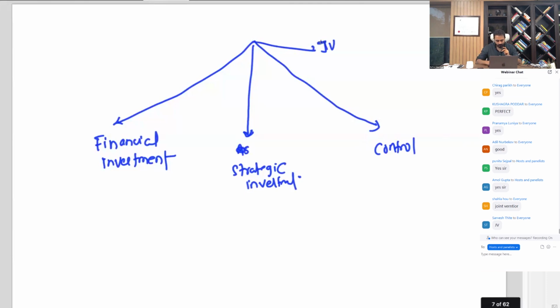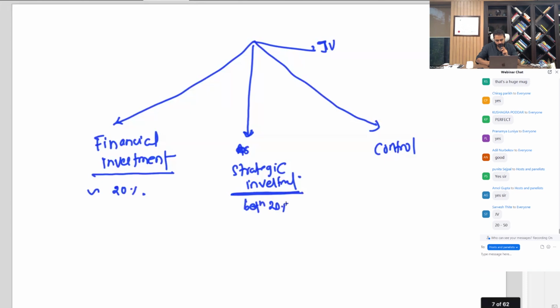The general thought process is if it's a financial investment, you're typically looking at ownership of less than 20%. That's kind of a benchmark. If it's a strategic investment, an investment in associate, which is the word the curriculum uses, then you're looking at investment between 20% and 50%.